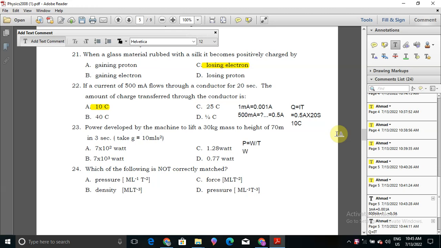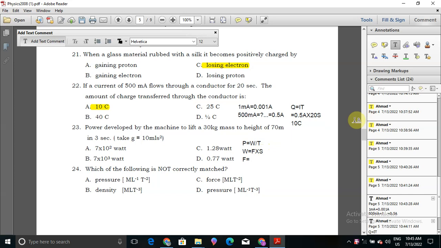Work is equal to force times distance, and here what we have for force?